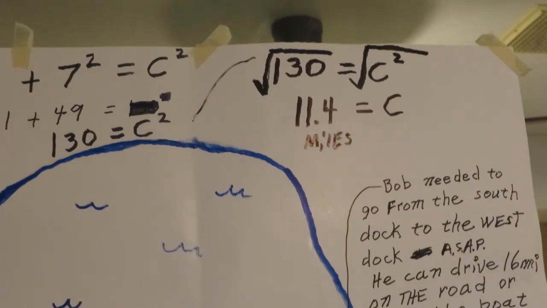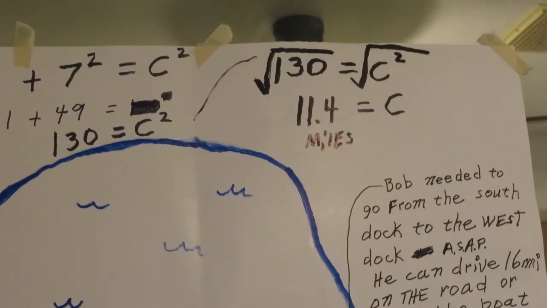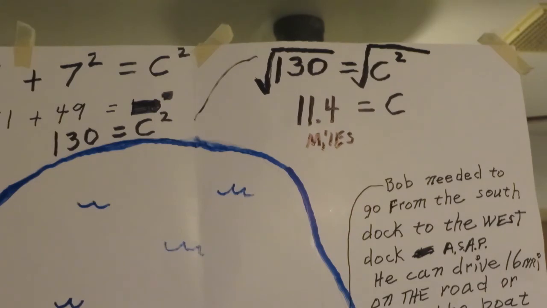So we change C squared to C by taking the square root of C squared, which gives us C. But if we square root the right side, we must square root also the left side, the 130. The square root of 130, I used a calculator to come up with 11.4 miles.